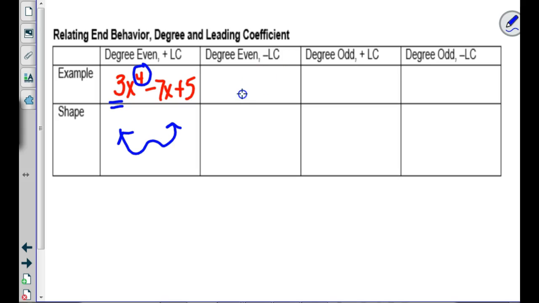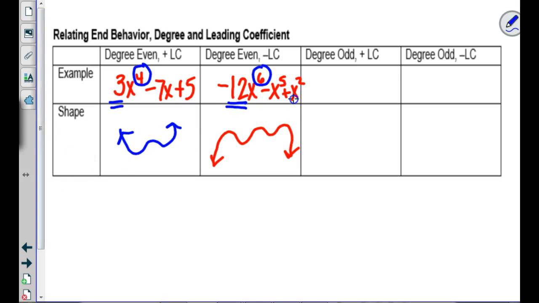You should know this from your transformations. What if I change it to a negative out front? It's going to flip it upside down, so both ends are going to point down. Okay, there could be a whole bunch of loop-de-loops in there, but both ends are going to point down. So we could have like a negative 12x to the 6th minus x to the 5th plus x squared, blah, blah, blah. But the leading coefficient is here, and the degree is 6, even degree.